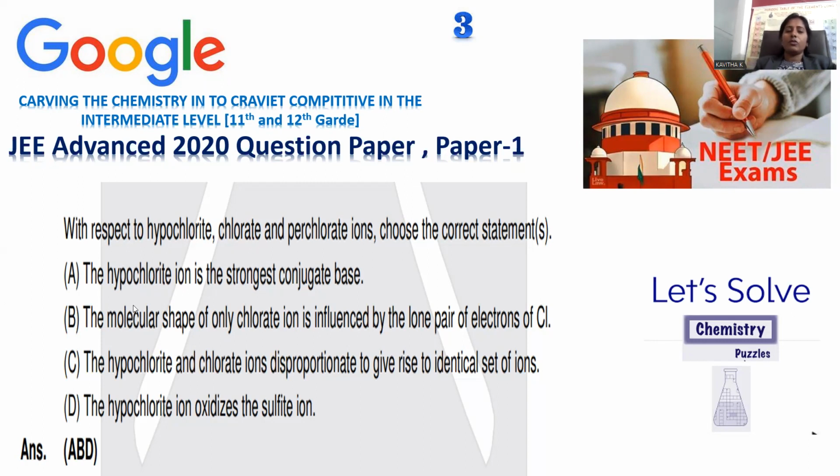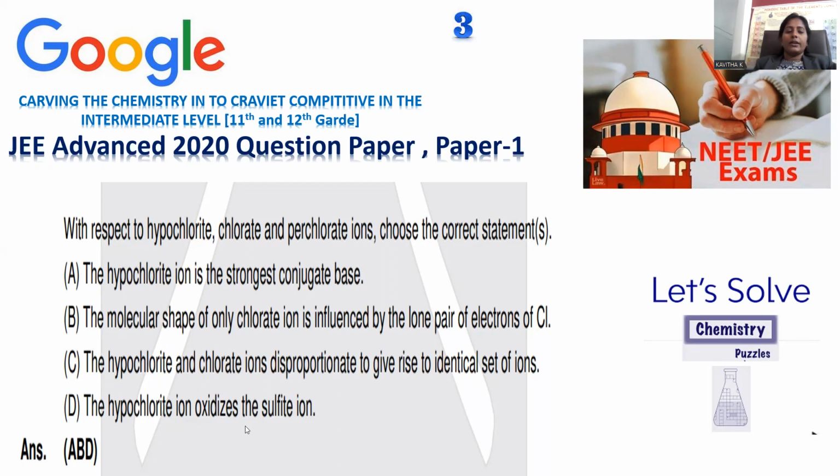So here hypochlorite ion is the strongest conjugate base. This is correct. Second, the molecular shape of only chlorate ion is influenced by the lone pair of electrons. In chlorate only the lone pair of electrons matters for its geometry. Third, hypochlorite and chlorate ions disproportionate to give an identical set of ions. Both are disproportionating giving the same ions. They are saying it is not correct actually.